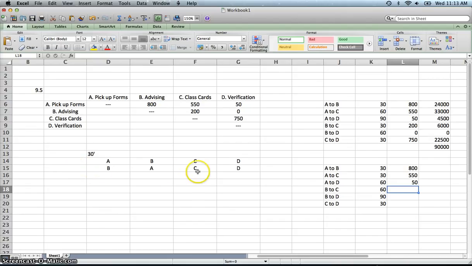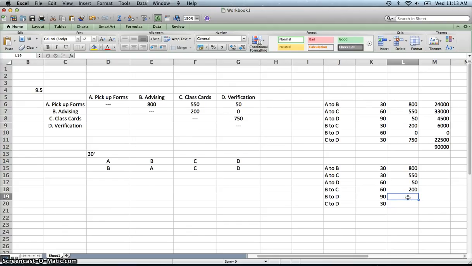The B to C is 200. Now we move them a little further apart. Instead of 30, it's now 60. But the trade-off is we're getting a lot more. So we moved B and C apart because we flipped A and B, but we're going to gain something here, as you'll see shortly.